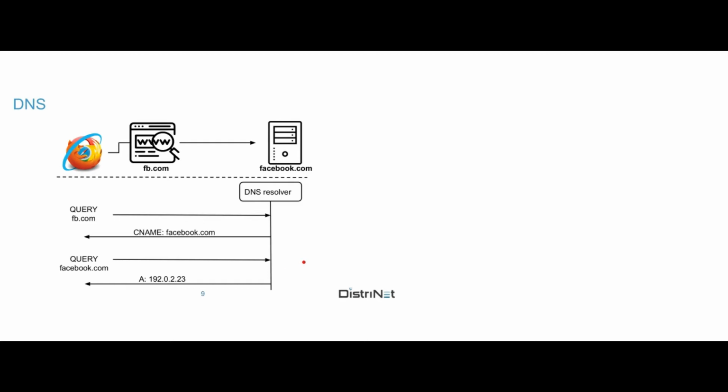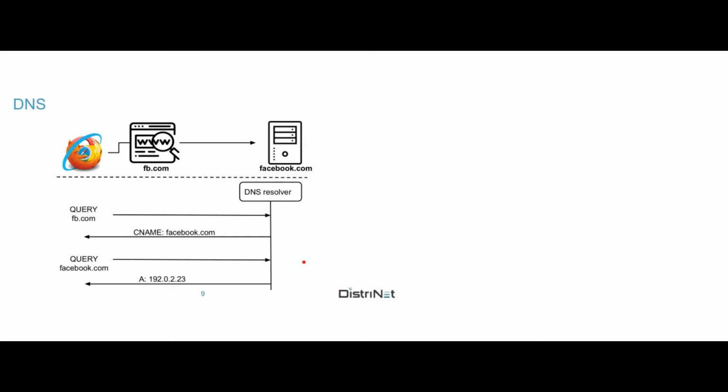If I don't feel like typing facebook.com entirely and I just want to type fb.com, but Facebook still wants to provide a way for users who only type fb.com to still end up on the website of facebook.com, well, in that case, Facebook can use a CNAME record to link different domain names.